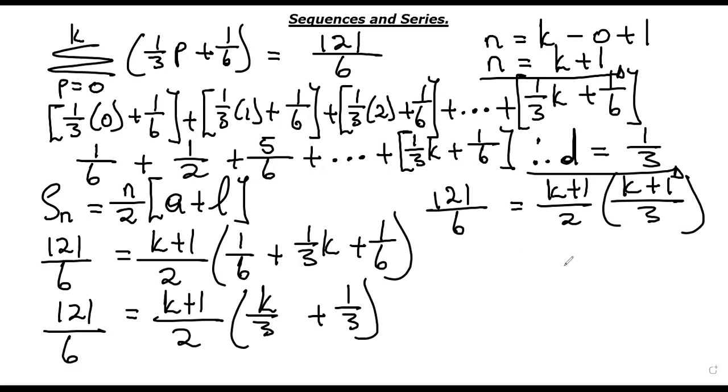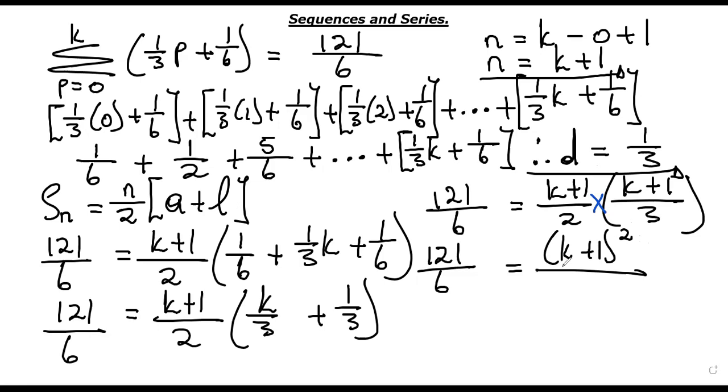Do you see that? And then here you can say you have 121 over 6, which is equal to what? Then you multiply these two, numerator by numerator, denominator by denominator. So k plus 1 times k plus 1, you can write this as k plus 1 squared. Or you can expand it if you like.